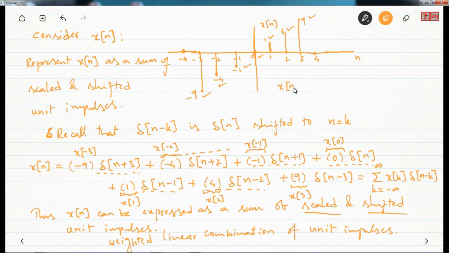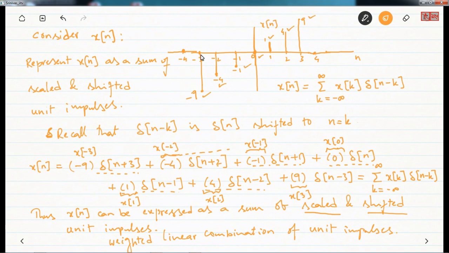So x of n as the summation of x of k delta of n minus k. Ideally k is from -infinity to +infinity. Here k is from -3 to +3 only; these are non-zeros.